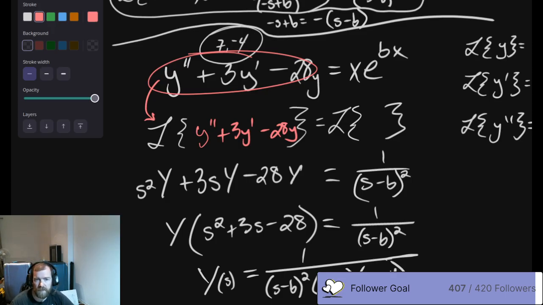So this ends up being the Laplace transform of y double prime plus 3 times the Laplace transform of y prime minus 28 times the Laplace transform of y.